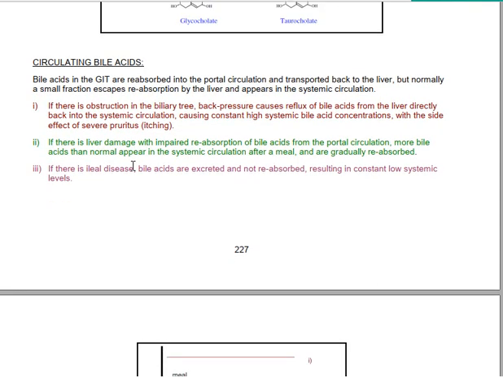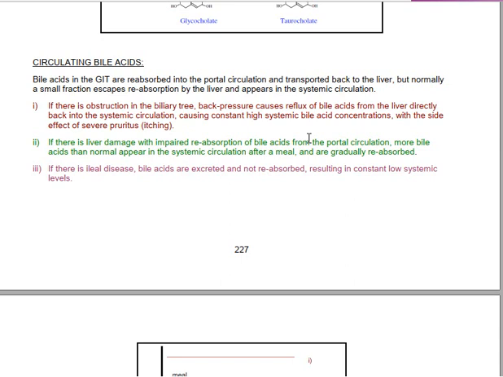Now, the next thing is that if there is liver damage, is it clear, at the level of this one now it is intrahepatic. So if there is liver damage with impaired reabsorption of the bile acid from the portal circulation, more bile acid than normal is going to appear in systemic circulation after meals. Is it clear? So here you see that the liver is damaged.